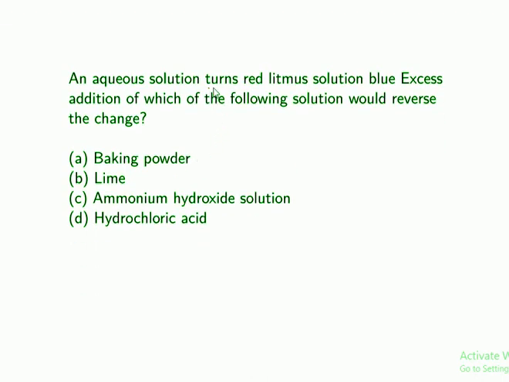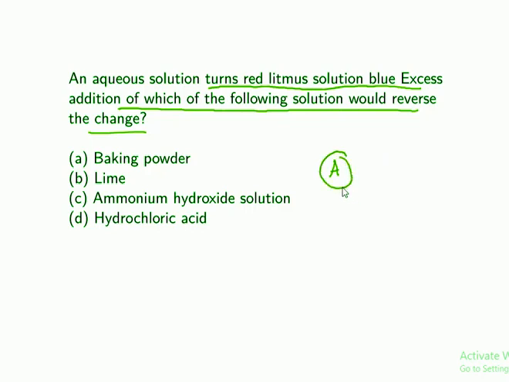An aqueous solution turns red litmus solution blue. Excess addition of which of the following solutions would reverse the change? If I take a solution A and drop it on red litmus paper, it turns blue. After excess addition of which solution would it reverse, that means from blue to red?